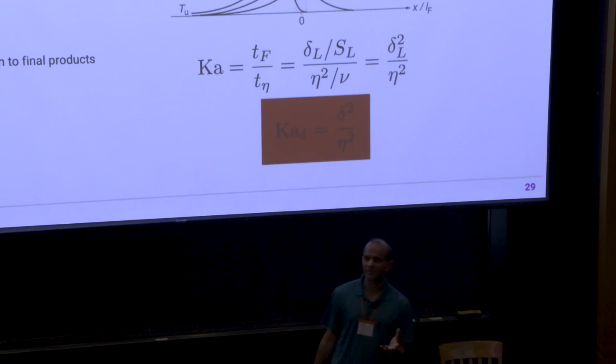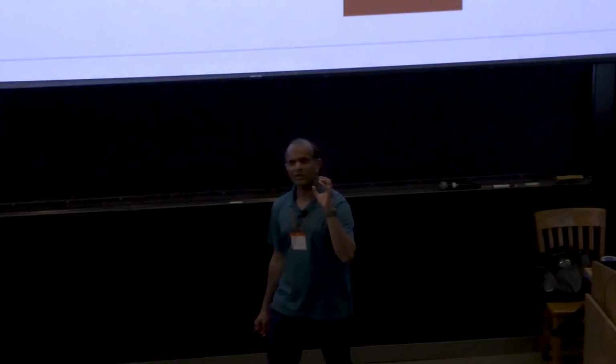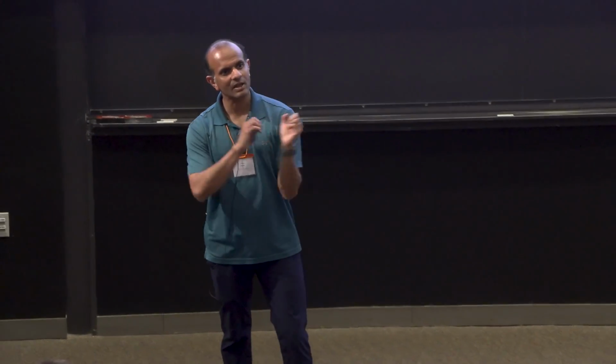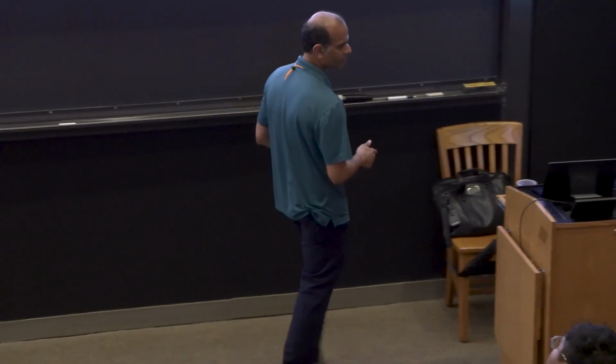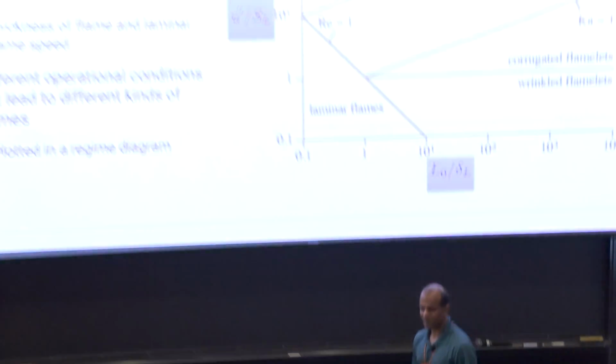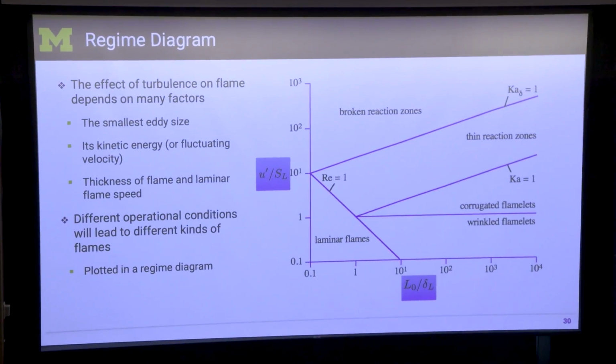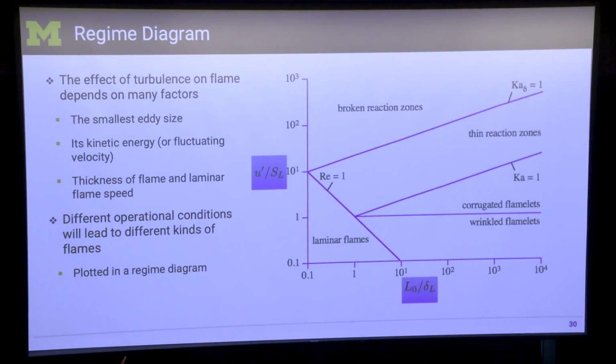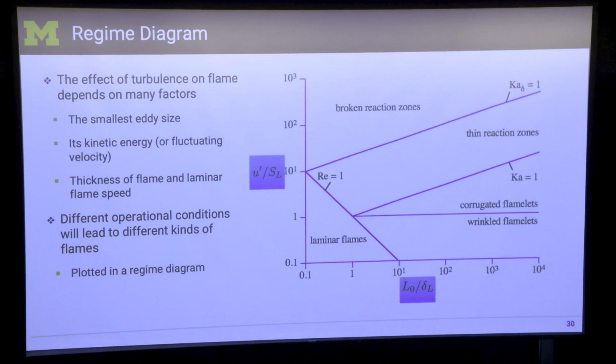So now what's going to happen is that you have eddies of size L0 all the way to eta, and the question is what happens when they come rushing towards this flame? What is it going to do towards this flame? So then you get this plot, which is called the regime diagram. This is how it's plotted.